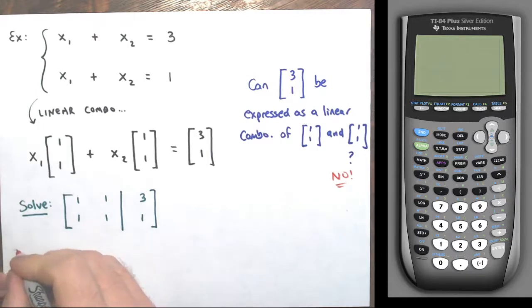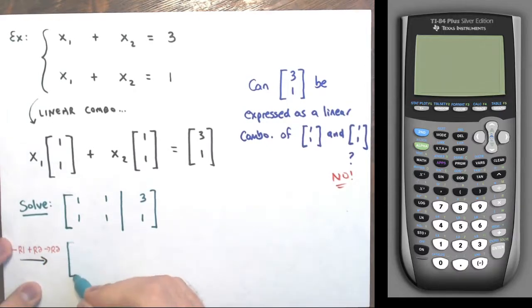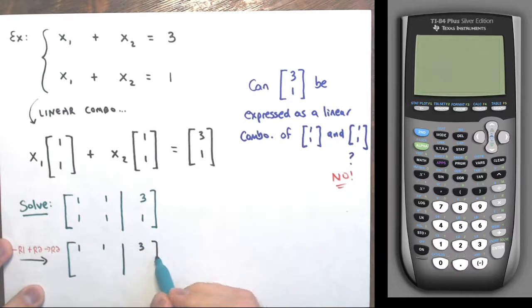I would take the opposite of row 1 entries and add them to the row 2 entries to give me new row 2 entries. So in reduced row echelon form, I got 1, 1, 3. And then negative 1 plus 1 is 0, negative 1 plus 1 is 0, negative 3 plus 1 is negative 2.